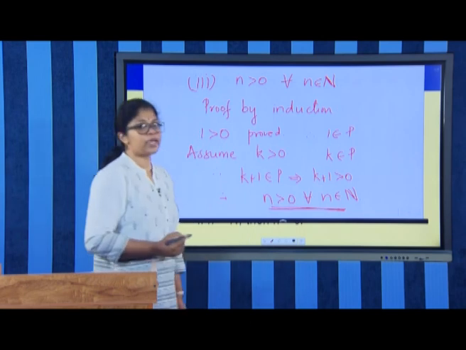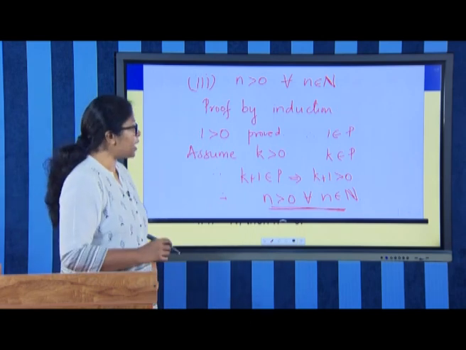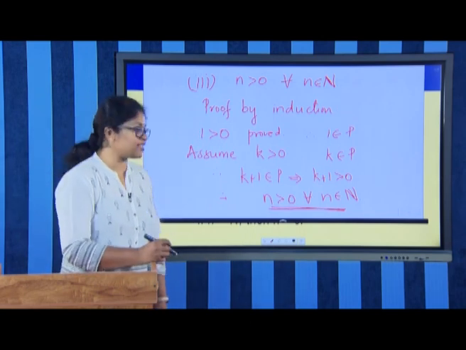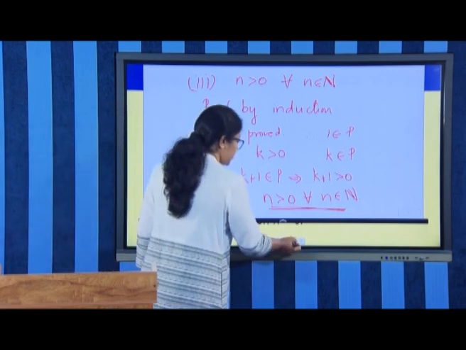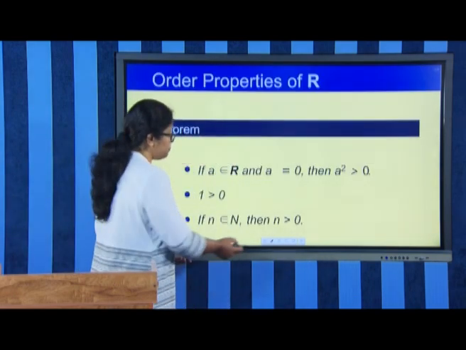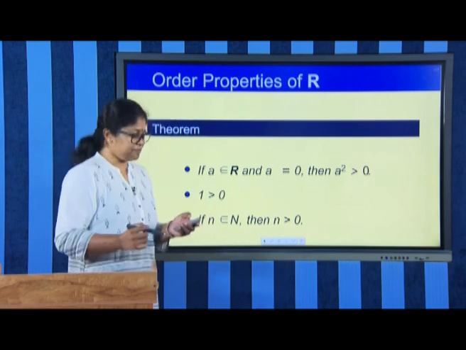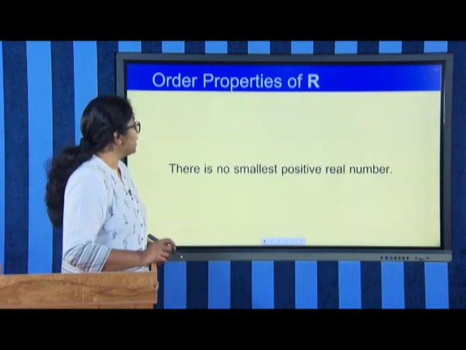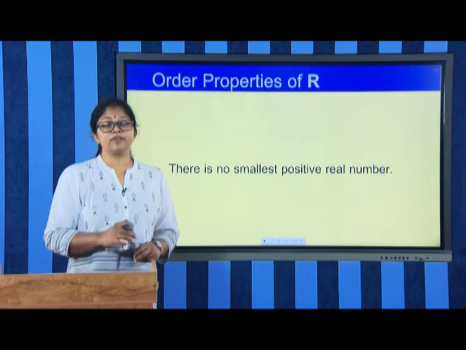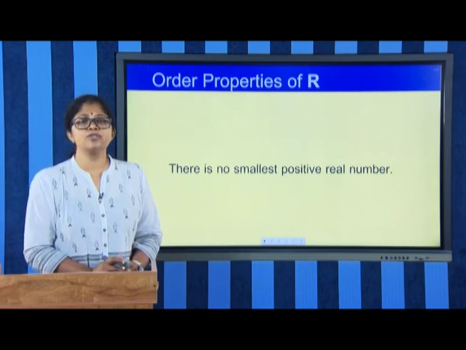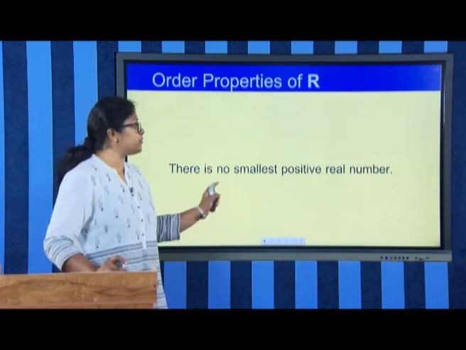So, the proofs are quite simple, but they are the proofs of very abstract results that we already know. So, that is the speciality of analysis. Now, the next important result that we have is there is no smallest positive real number.